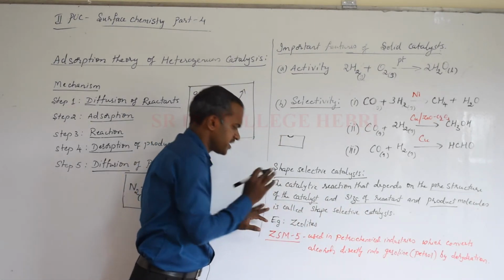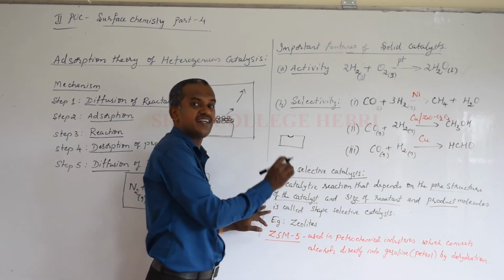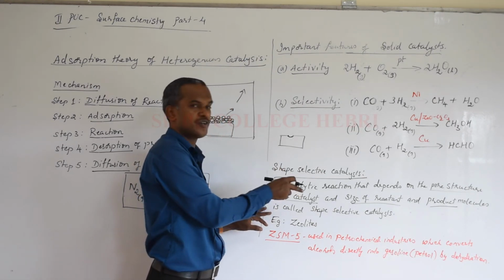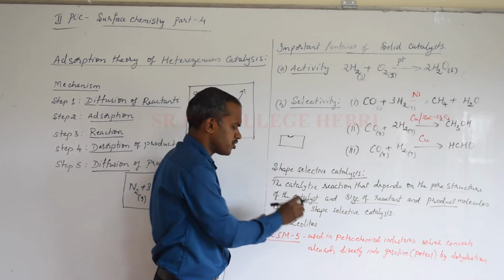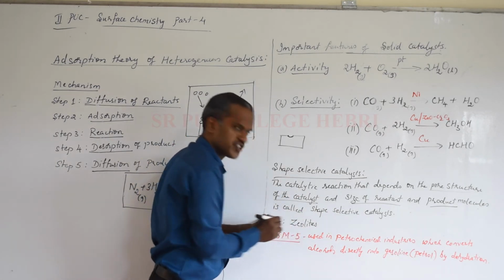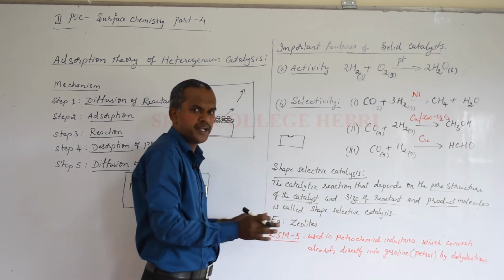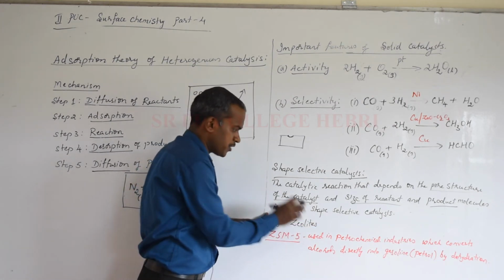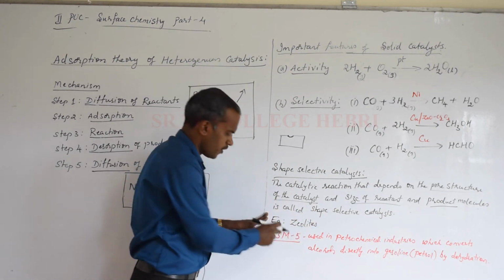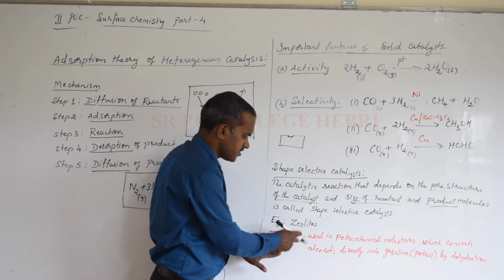Apart from the definition, it can be asked for 1 mark: give an example for a shape selective catalyst. Catalysis is a process, catalyst is a substance. One example which you already studied in the first year is zeolites. It is an aluminosilicate with a 3-dimensional fabric-like structure, a well-known catalyst in the petrochemical industries. The one simple example you must remember is ZSM5, one of the zeolites.